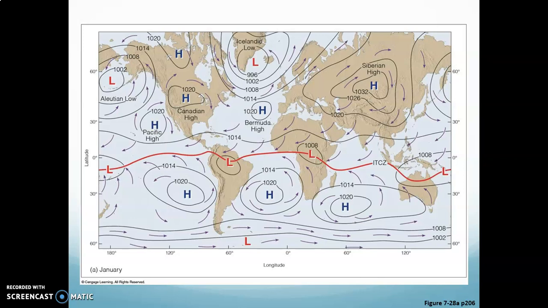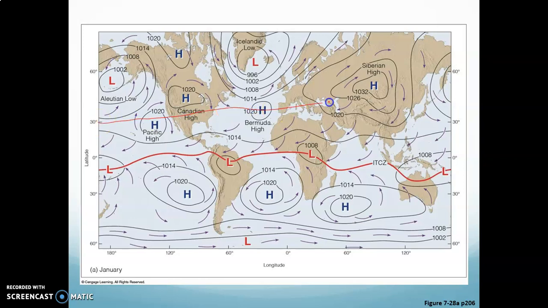And what we've noticed is very consistently, you get low pressure systems around the equator, high pressure systems right around 30 degrees latitude, and low pressures right around 60 degrees latitude with highs around the poles, which is roughly what we see here.